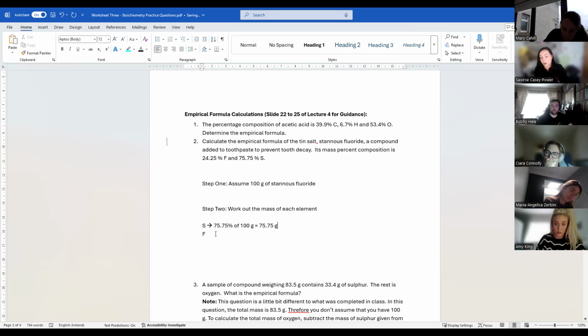So we don't need to do a lot of conversion using a certain mass. We can just assume we have 100 grams. In the same way then for my fluorine, I have 24.25% of 100 grams, which is just 24.25 grams.